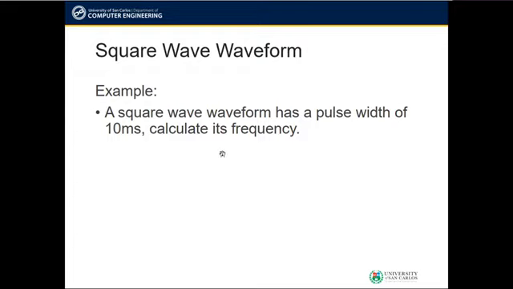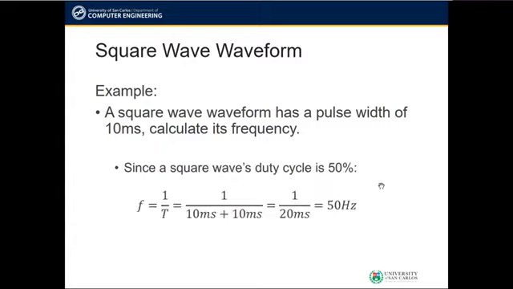Given that, we can say that the entire period of the square wave is twice that of 10 milliseconds. If we have the period, we can easily get the frequency, and so our solution will look like this. The frequency for the square wave waveform is 50 Hz.